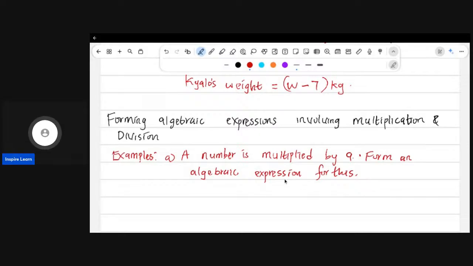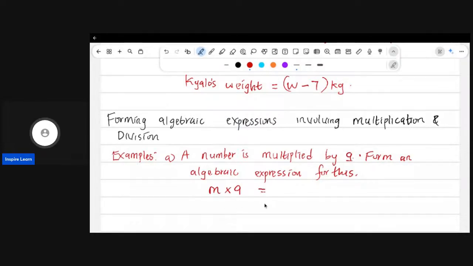Remember, this is a number that we don't know, so this is our variable. We can talk about x, or let me not use x, now that it is multiplication. Let me use m. A number is multiplied by 9, so it is m times 9.